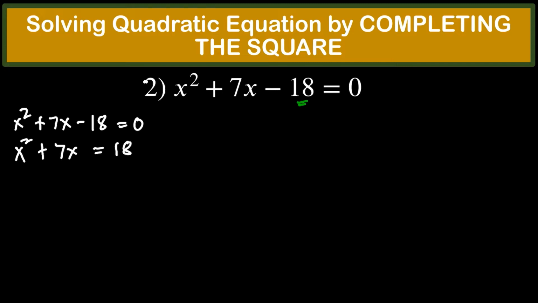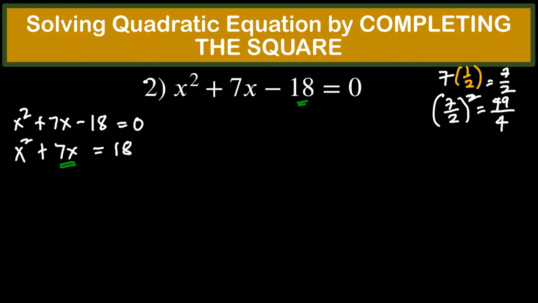The next thing that we need to consider is the numerical coefficient of this term, which in this case is simply 7. Then you multiply it by 1/2, that will give you 7 over 2. Then you square the product, so 7 over 2 squared gives you 49 over 4.